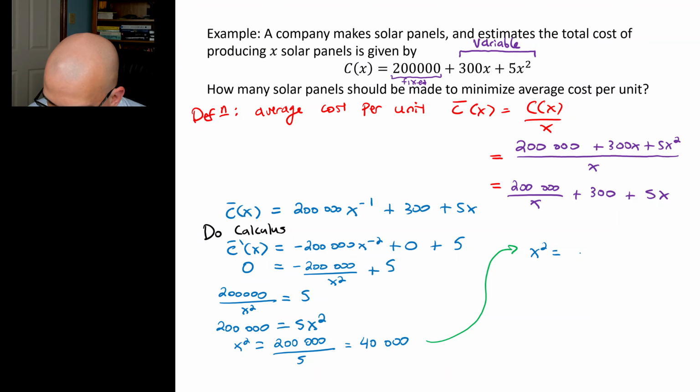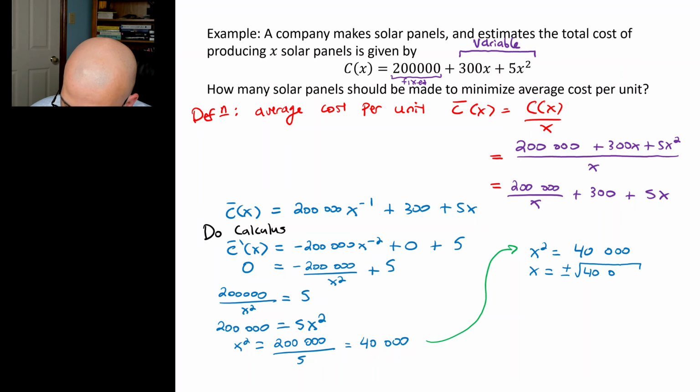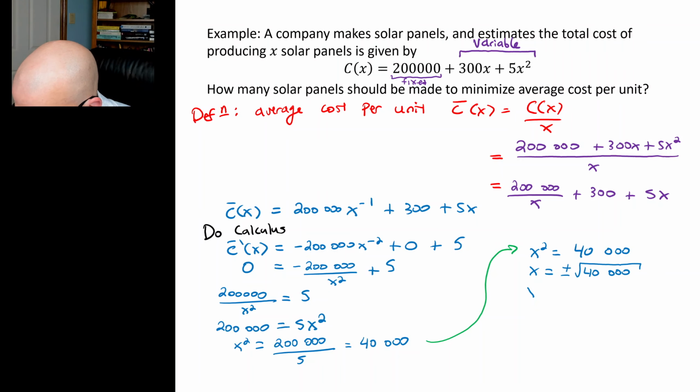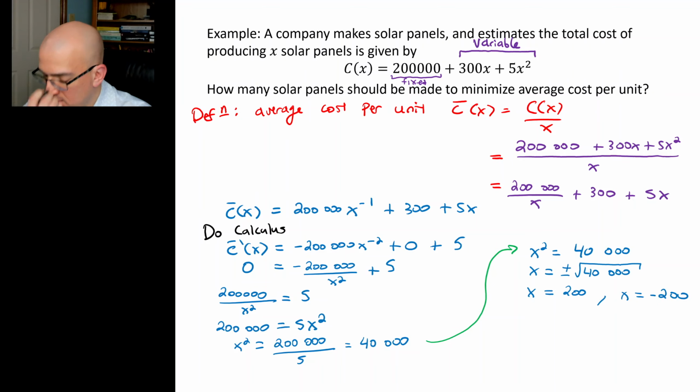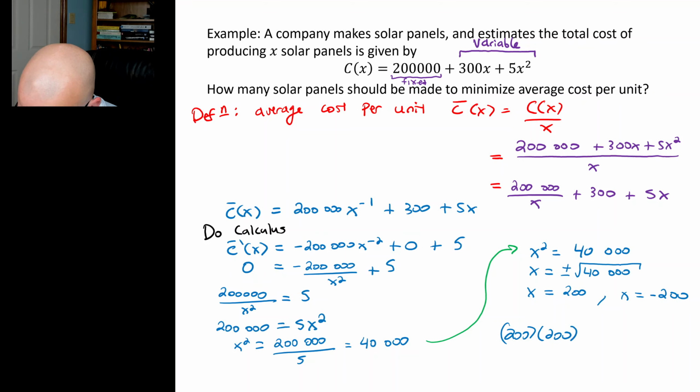So x squared is equal to 40,000. So x is equal to plus or minus the square root of 40,000, which is 200, because 200 times 200 is 4 followed by 4 zeros.